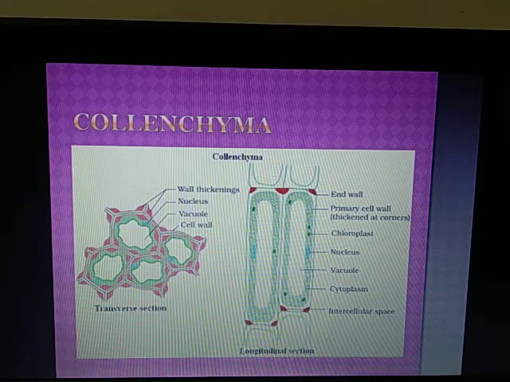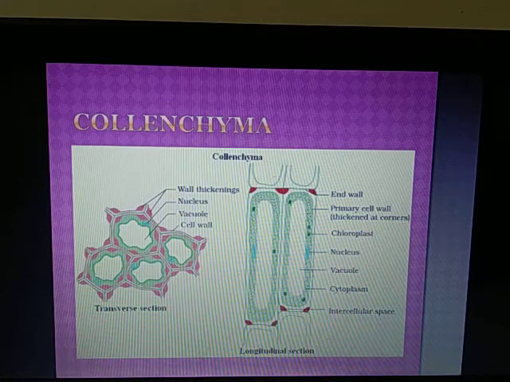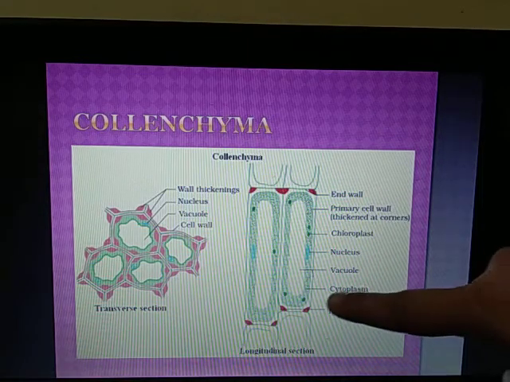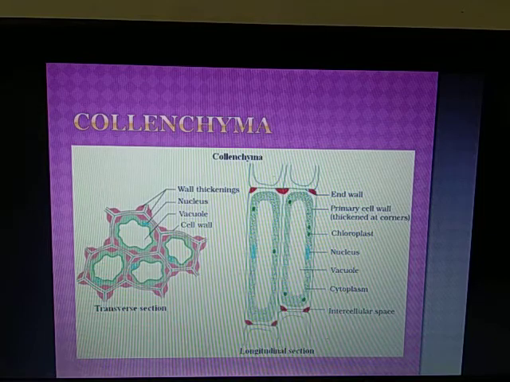Collenchyma tissue is located below the epidermis. Besides this, it is also present in peripheral parts, along the stem axis, the petiole and the leaf stalk. They have chloroplasts, and they have no or very little intercellular space, as you can see it is very less.